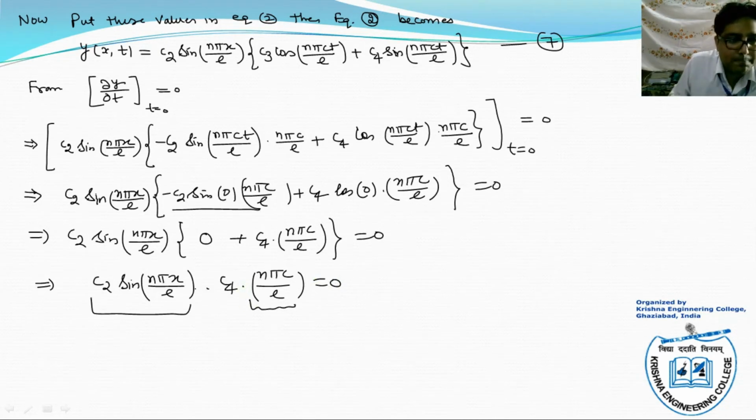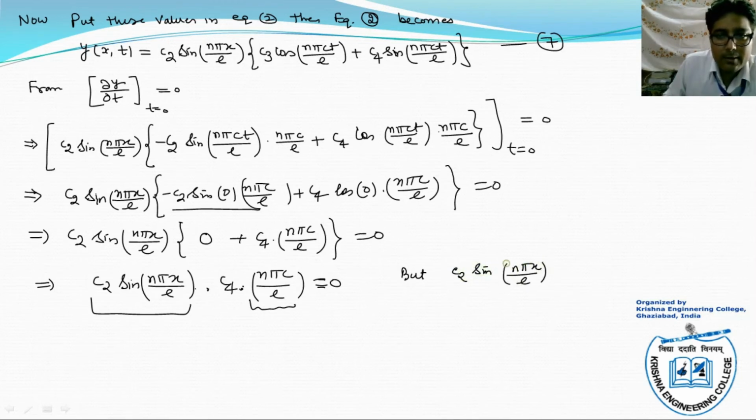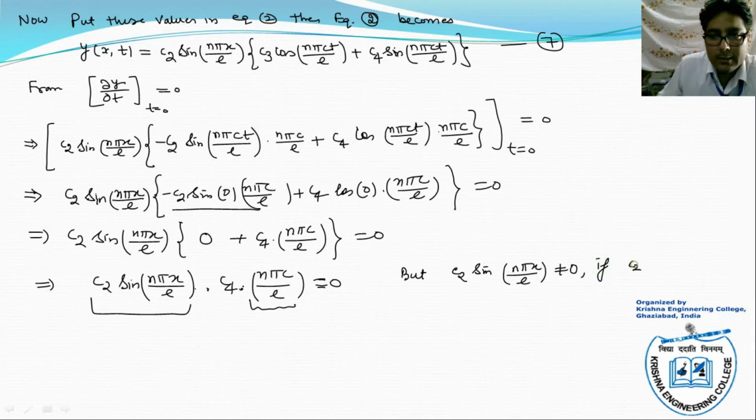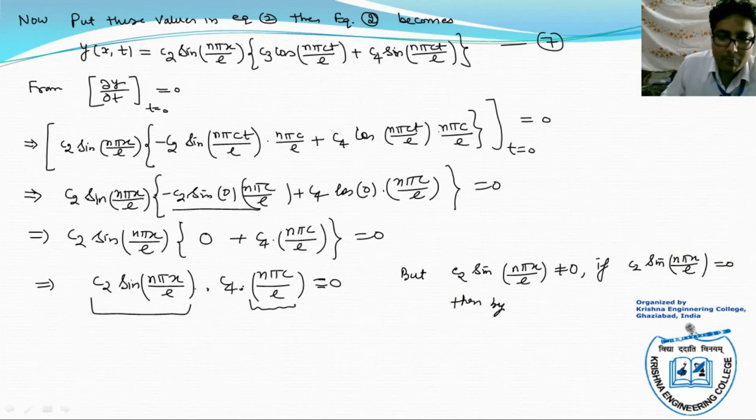Here we get the product of three terms equal to 0 if one of them is 0, but C2 sin n pi x by L will not be equal to 0, because if C2 sin n pi x by L is equal to 0, then by equation 7 we get y x comma t is equal to 0, which is impossible.